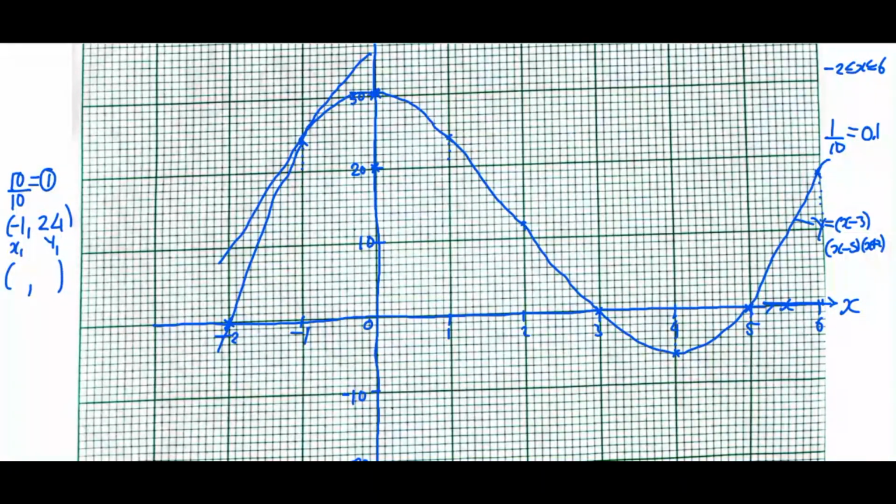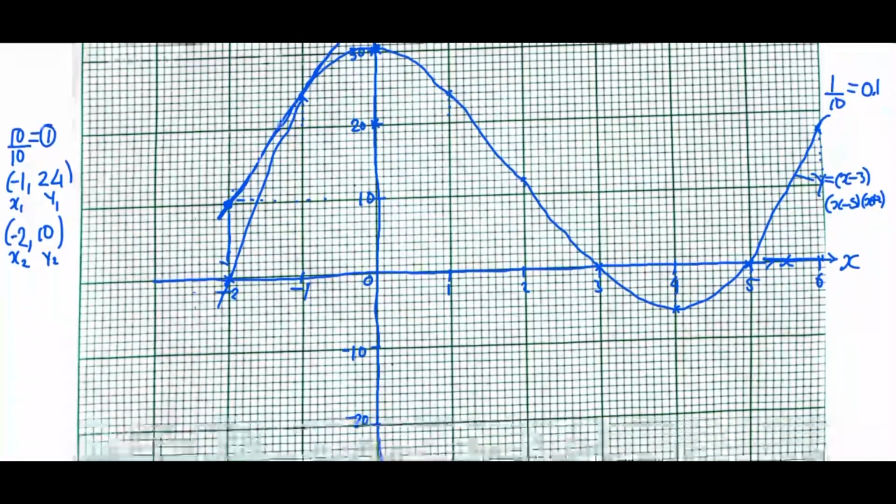We can get any point within the tangent, and our answer will always be the same. It depends on your drawing, but for me, I will get it from here: x is -2, then y is 10. So these are my x2 and y2.